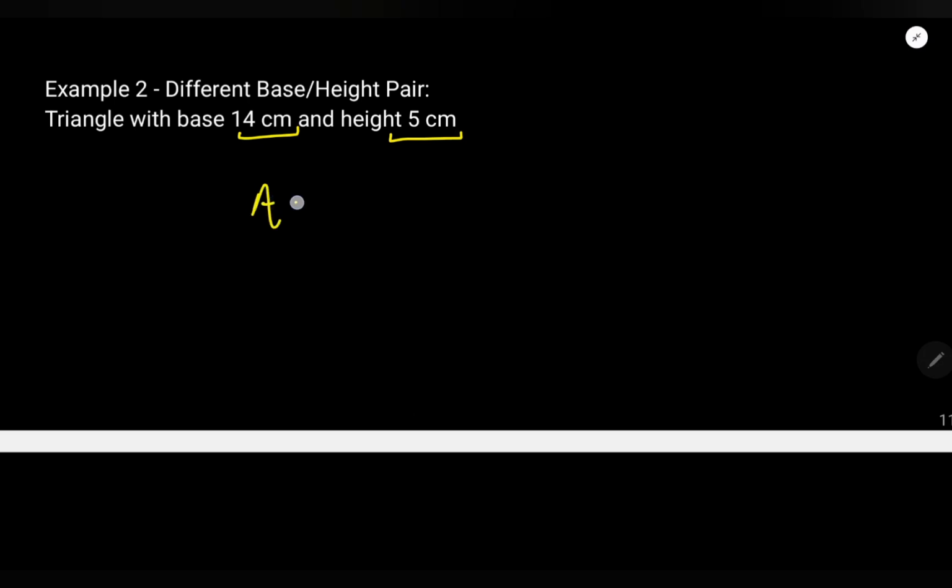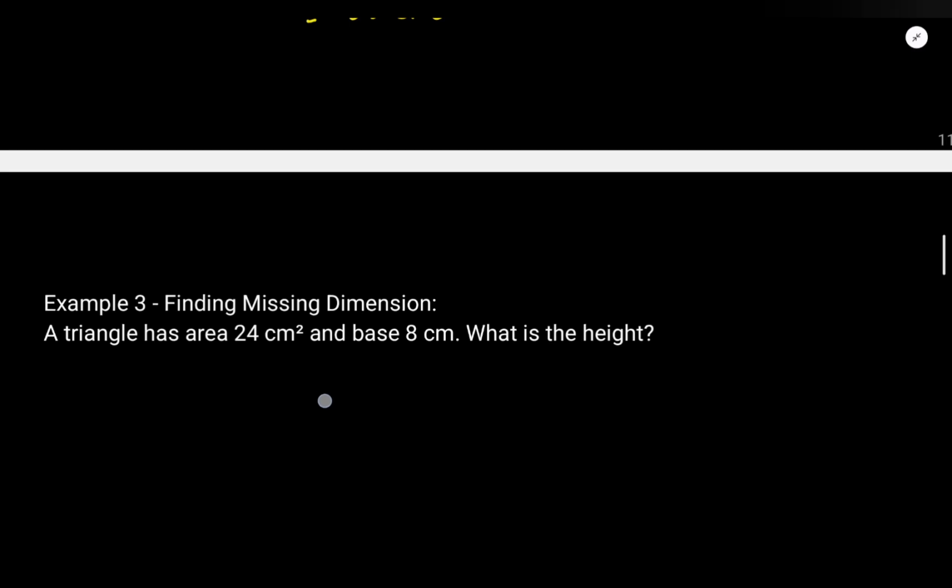What is the area then? Area is half times base times height. I will not write the formula again now. I just substituted the values. So it is 2 sevens, and then 7 times 5 is 35 centimeter square. This is the base and height we are given. So this is the area of the triangle.